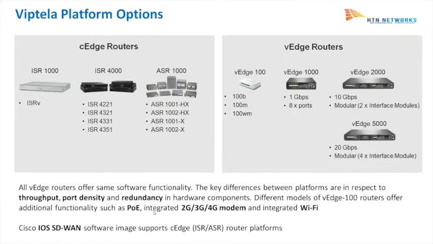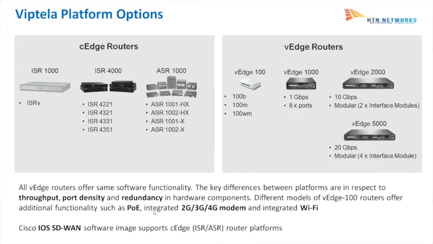The regular vEdge routers are vEdge 100, vEdge 1000, 2000, and 5000, and all vEdge routers offer the same software functionality. The key differences between these platforms are in respect to throughput, port density, and redundancy in hardware components.